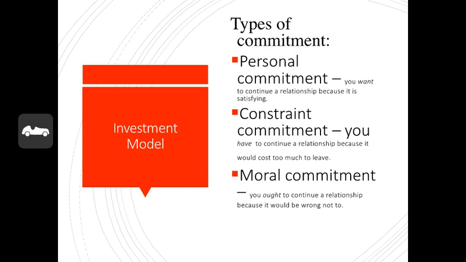On the other hand, constraint commitment is where the individual feels they have to continue the relationship because it would cost too much to leave. Now, this might mean cost too much in tangible resources, like the divorce cliche, oh, it's cheaper to keep her, staying together because the divorce settlement would be too expensive.